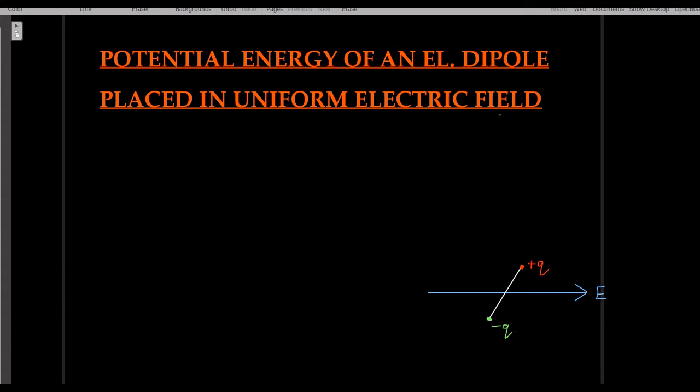We know when a charge is placed in uniform electric field, plus Q charge experiences a force plus QE along the direction of electric field, and minus Q charge experiences a force of minus QE in direction opposite to electric field.